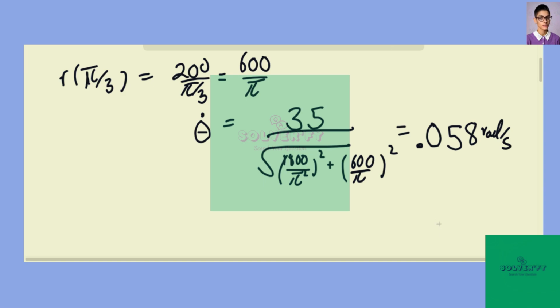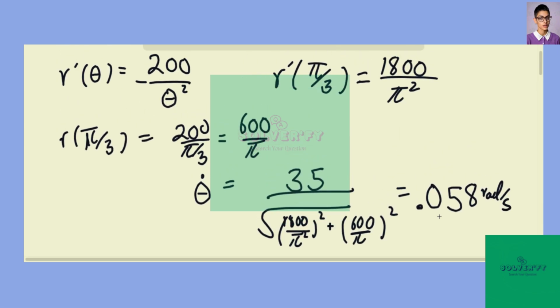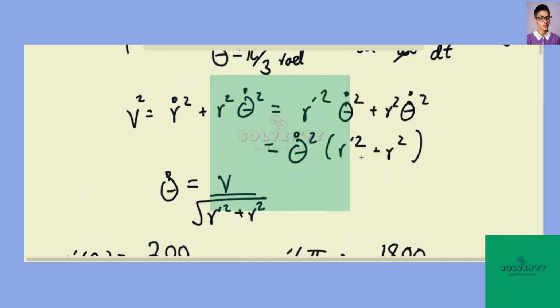And if we wanted to verify these units, we could see that this will be feet on the bottom. This is feet per second on the top. So that'll just give us inverse seconds, and radians are dimensionless, so we can put them in there.